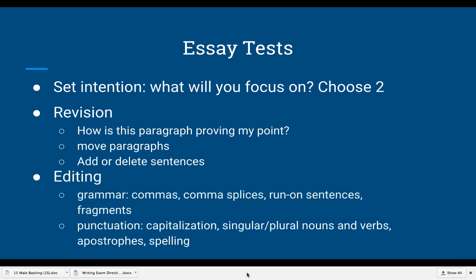Let's say your biggest challenge in terms of editing is that you use a lot of fragments instead of full sentences. If that's your number one challenge, and you can pay attention to where all the fragments are inside your essay and eliminate them, you've just boosted your score by a lot, because that was your number one challenge.